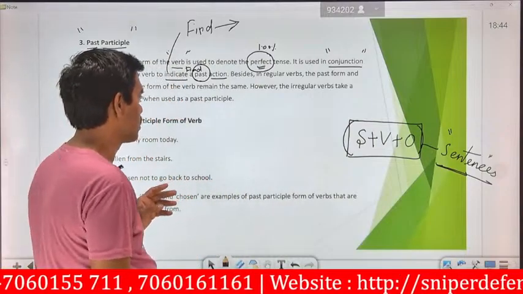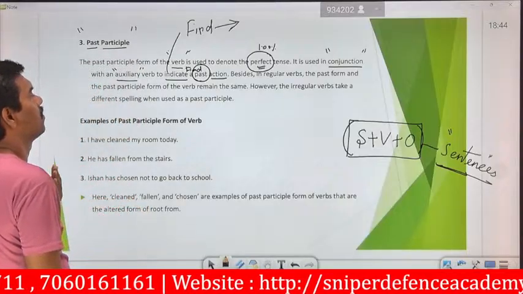The regular verb says the past form and the past participle form of the verb remain the same.